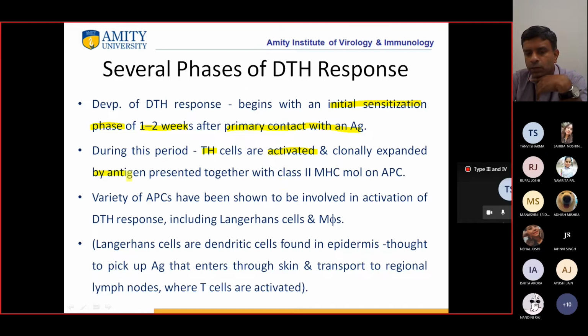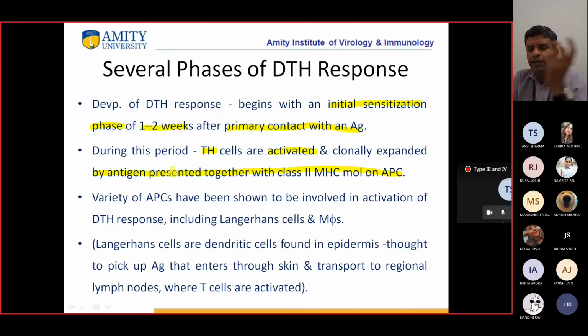So this you already know, we have read this. T helper cells को activate कौन कर रहा है? It's the antigen presenting cells which have MHC class 2 molecule on the surface. So T helper cells get activated.